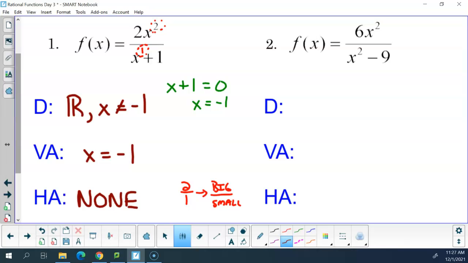Okay. First thing I got to do is find the domain. So I do what, Bugsy? Everybody, how I want to do it. Factor. Can we factor it? What does it factor to? x plus 3, x minus 3.